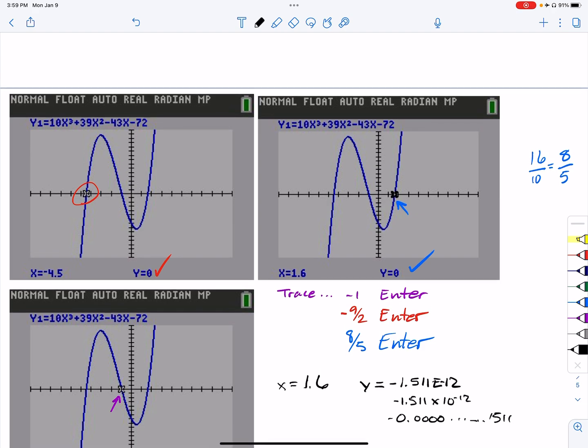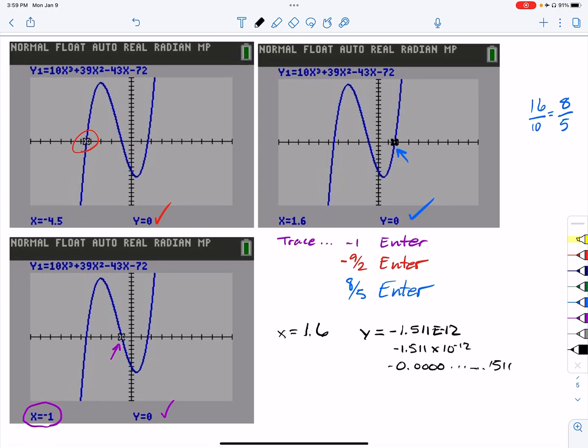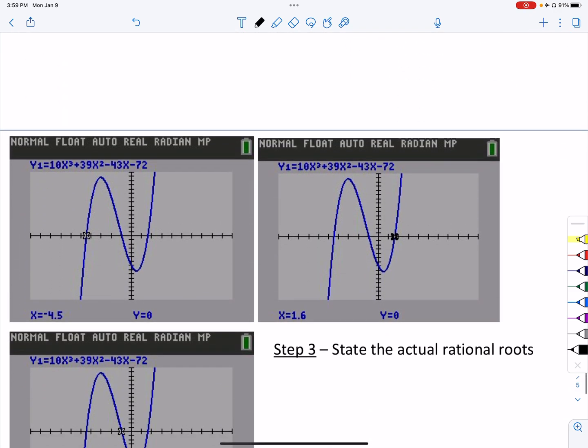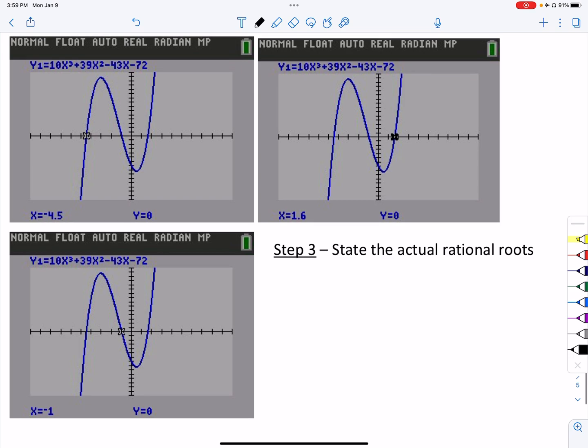Okay, so here's a quick turnaround. We have done 2 steps, and we found 3 of our x-intercepts, 3 rational zeros. So step 3 is going to be state the actual rational roots. This is just a finalizing statement that says my actual or verified rational roots happen at x equals -9/2.